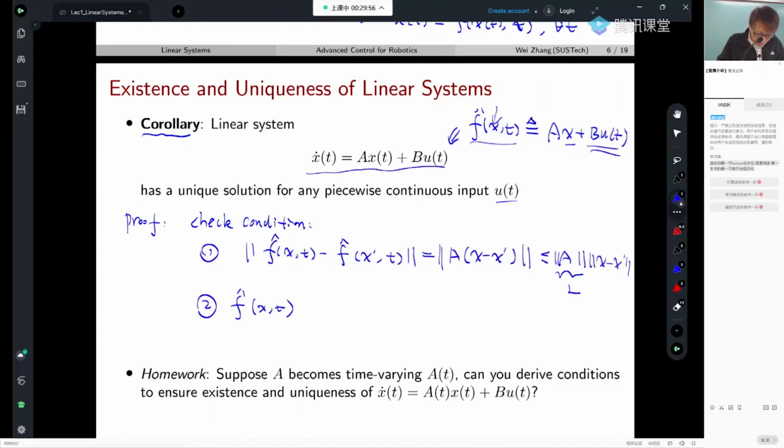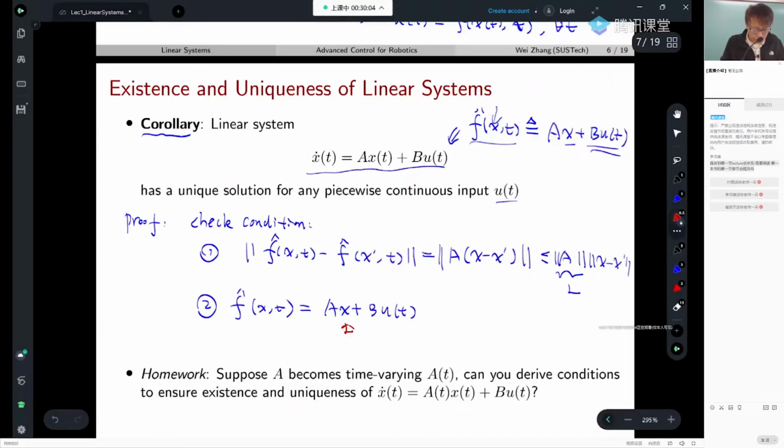This one is Ax plus Bu(t). If I fix x, this is fixed, and it is a function of t through this variable u. So the overall function is smooth and continuous with respect to u, and u is piecewise continuous.